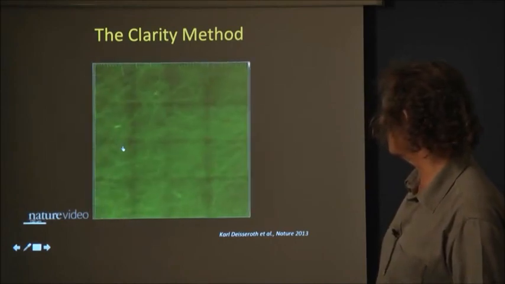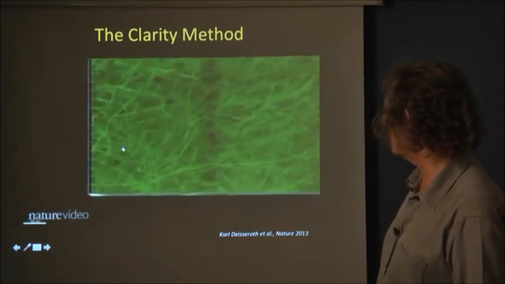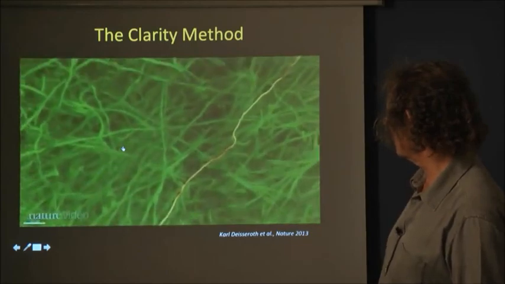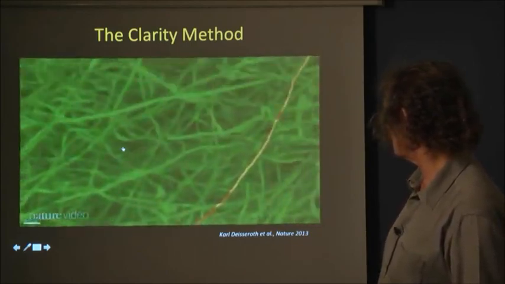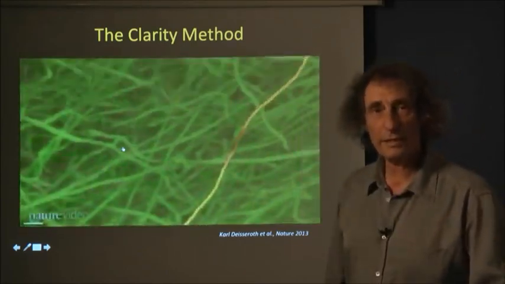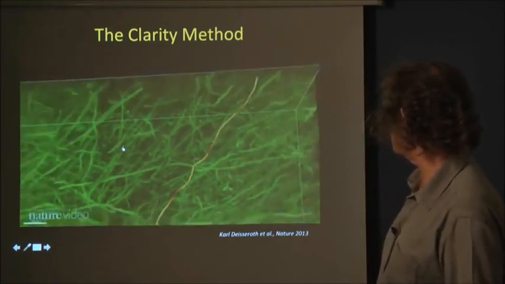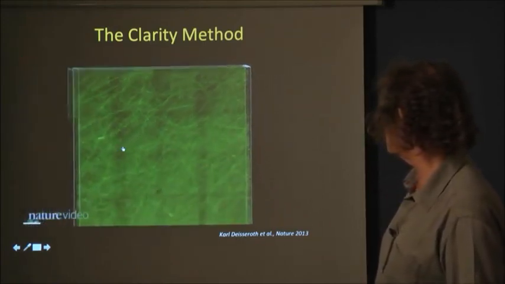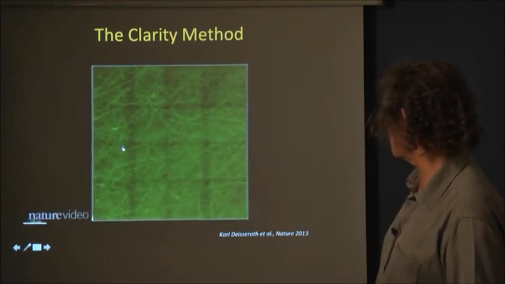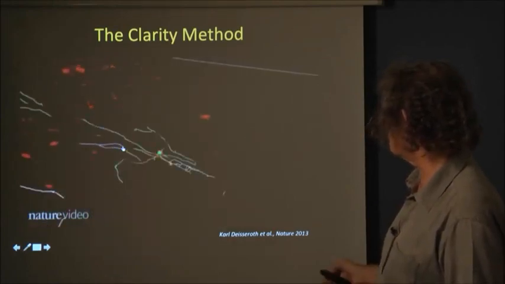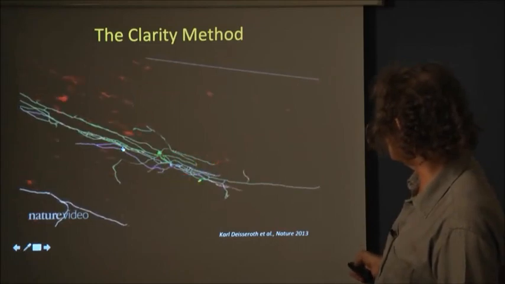The technique works in human brains too. This is a chunk of the frontal lobe of a 7-year-old boy who had autism. Of course, this is dead tissue. It's possible to trace a nerve projection through a forest of other cells. You can see these unusual structures here.